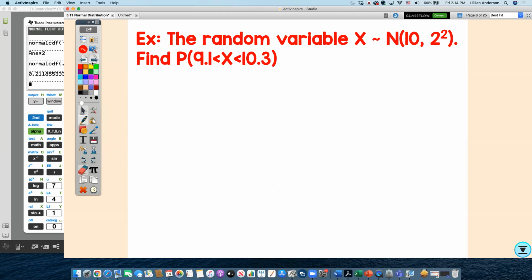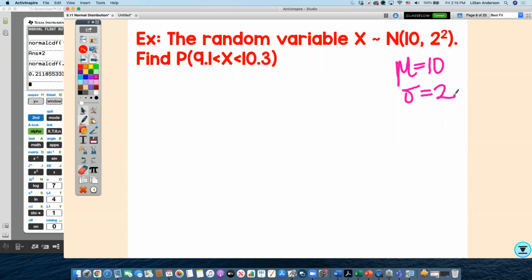It says the random variable X implies a normal distribution where the mean is 10 and the variance is 2 squared. So that means standard deviation is 2. So mean is 10, standard deviation is 2. It's asking me to find the probability of 9.1 to 10.3.